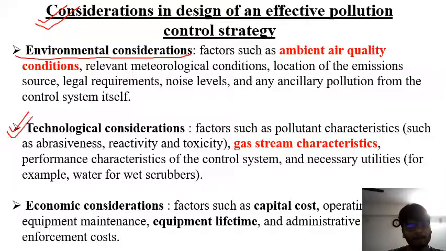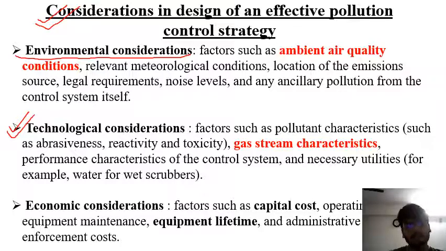Technological consideration covers factors such as pollutant characteristics, whether the pollutant is abrasive, reactive, or toxic, and gas stream characteristics. For example, whether you require a wet scrubber or an electrostatic precipitator.